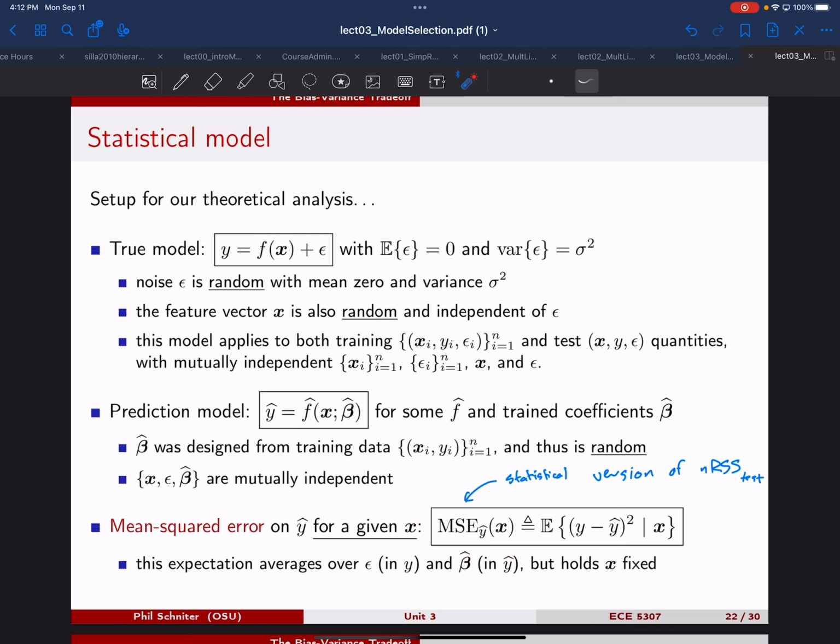And last time I wrote that this is the statistical version of the normalized RSS. That's actually not exactly true. If you remove the conditioning on x, then it is. So we're going to talk about that later today. I'll write here: if conditioning on x is removed.